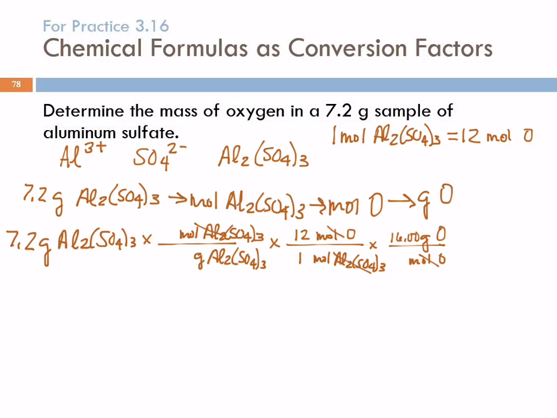So we've got 2 times the mass of aluminum. How many sulfurs? 3. 3 times the mass of sulfur, and 12 oxygens.